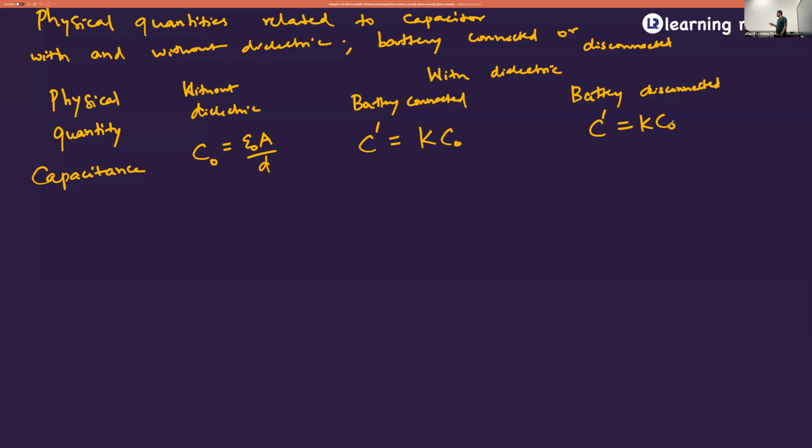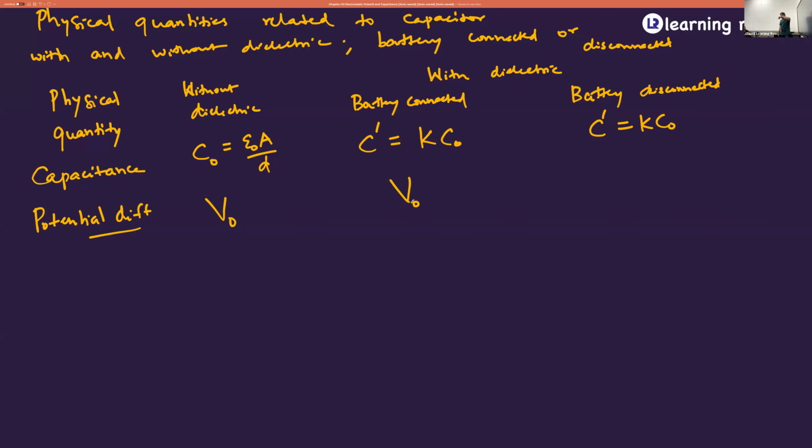Okay. Next is the concept of potential difference. So this is where the changes will start. So if I call the potential difference across the capacitor V naught without dielectric, okay, then when you insert the dielectric between the plates of the capacitor and you still keep the battery connected, then the potential will still be V naught.